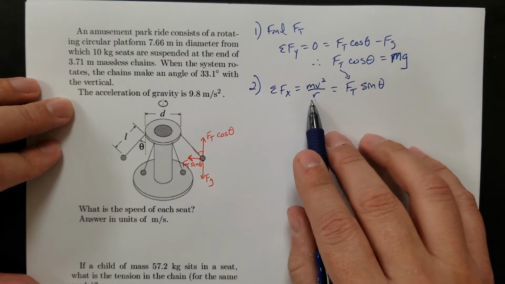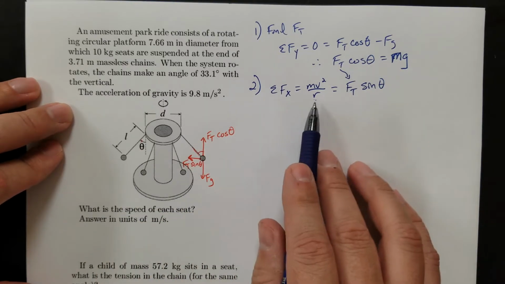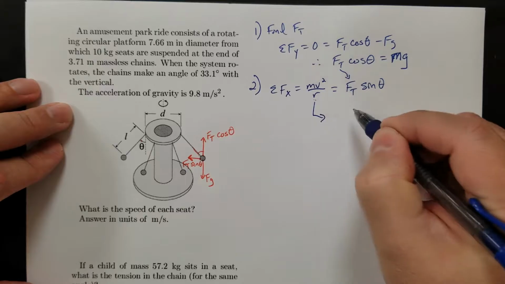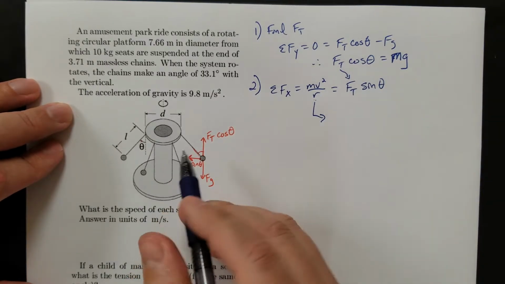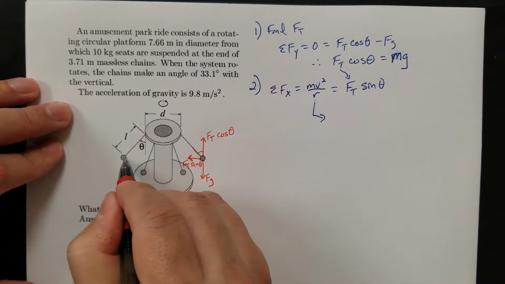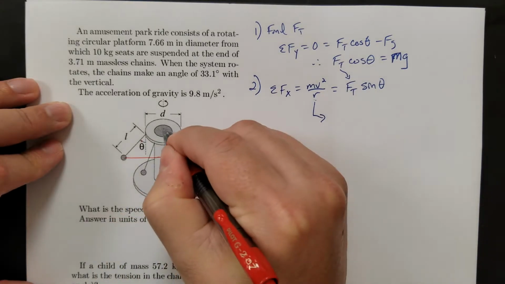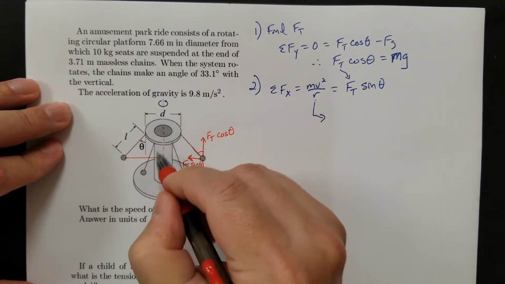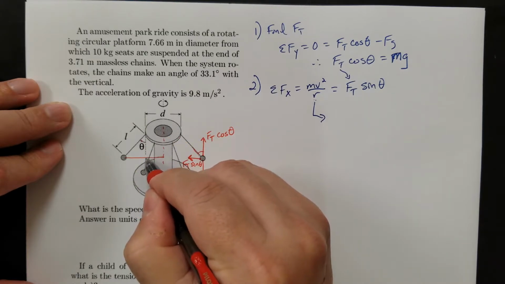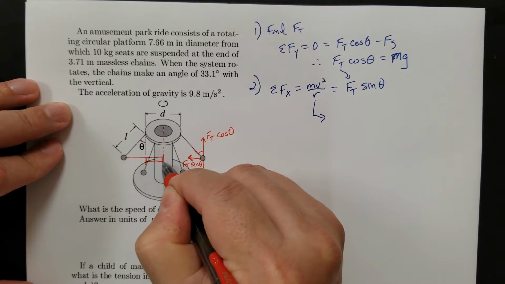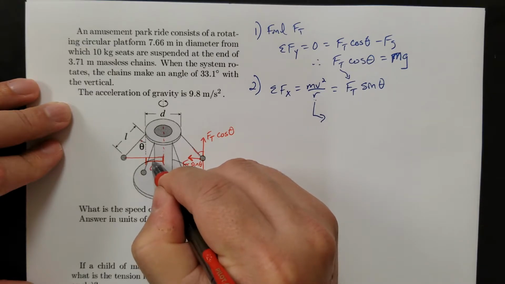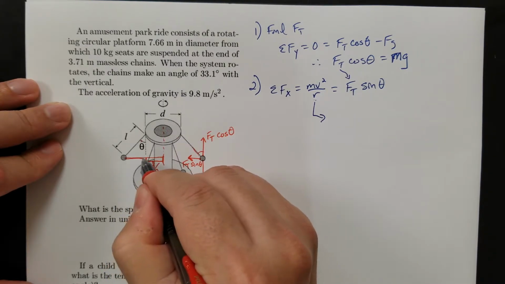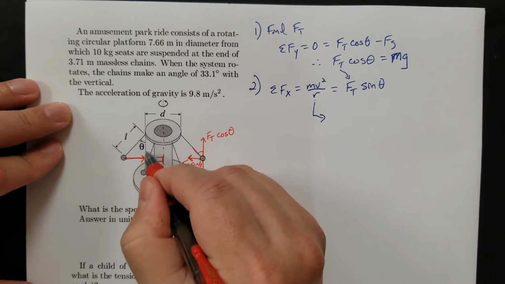But the r that I have, I don't really know r. So now I kind of have to do a sidestep. I have to figure out r. Okay, so r is this whole distance to here, to the very middle. That means I need to add whatever this distance is here. This is going to be d divided by 2, and then there's some other distance right here that I can figure out from this triangle.